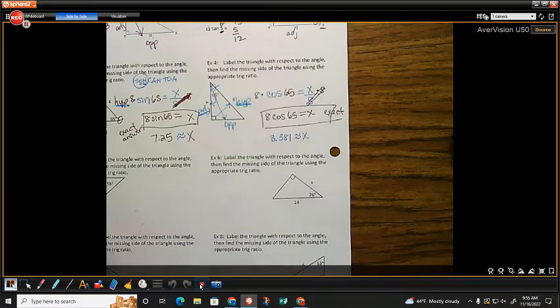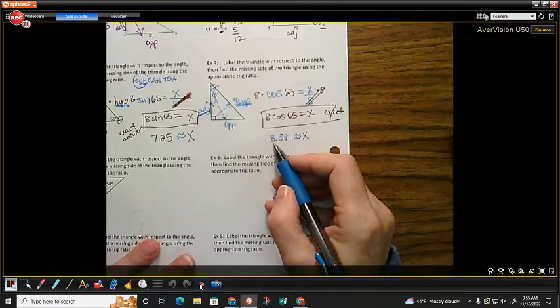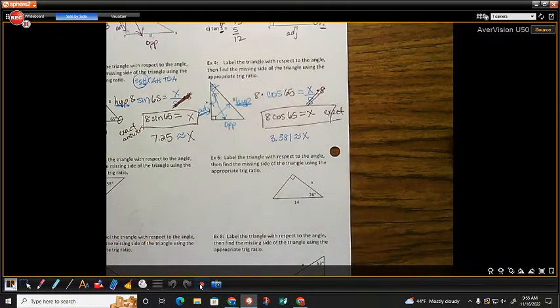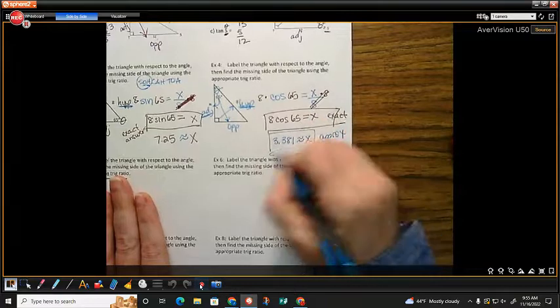You should round it. We're never going to use just 1. So this is your approximate answer.